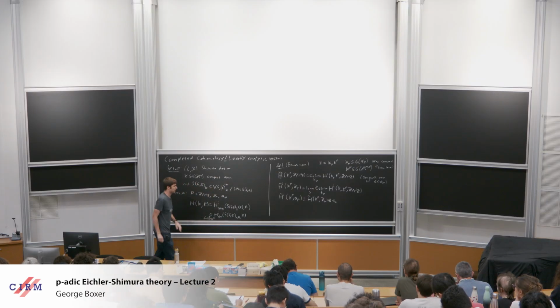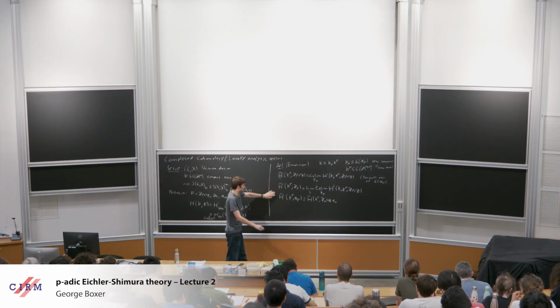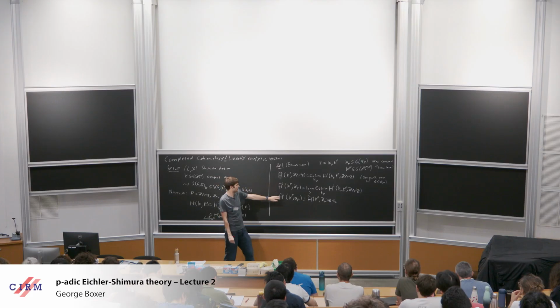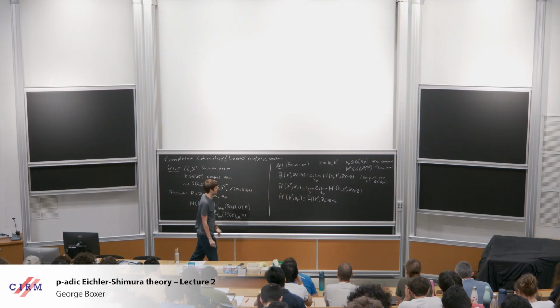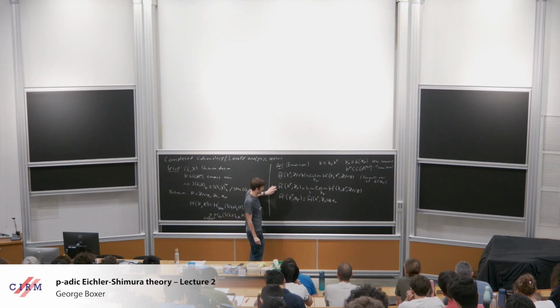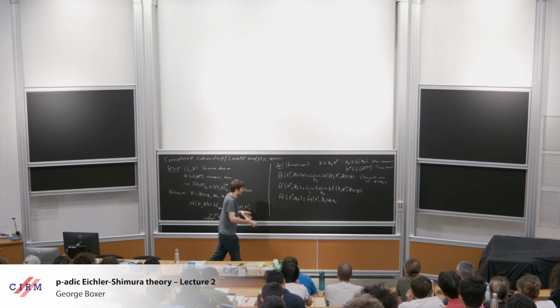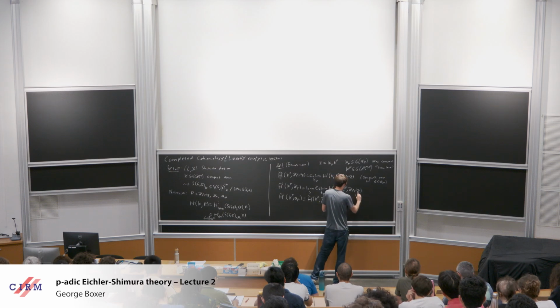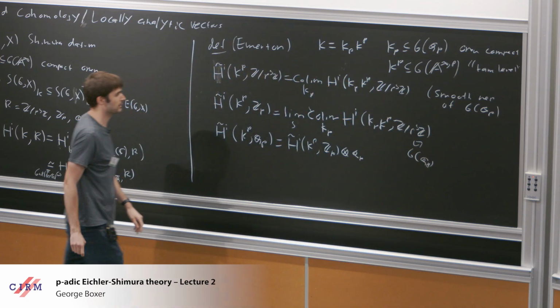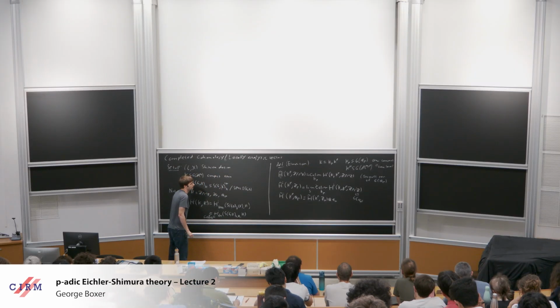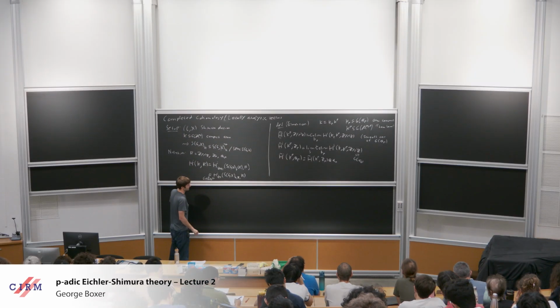Okay, and so this gets some kind of topology from the inverse limit, but a priori it's not completely clear what kind of topological space this is, but it does at least carry a continuous action of G(Q_p). Not really continuous and not smooth.